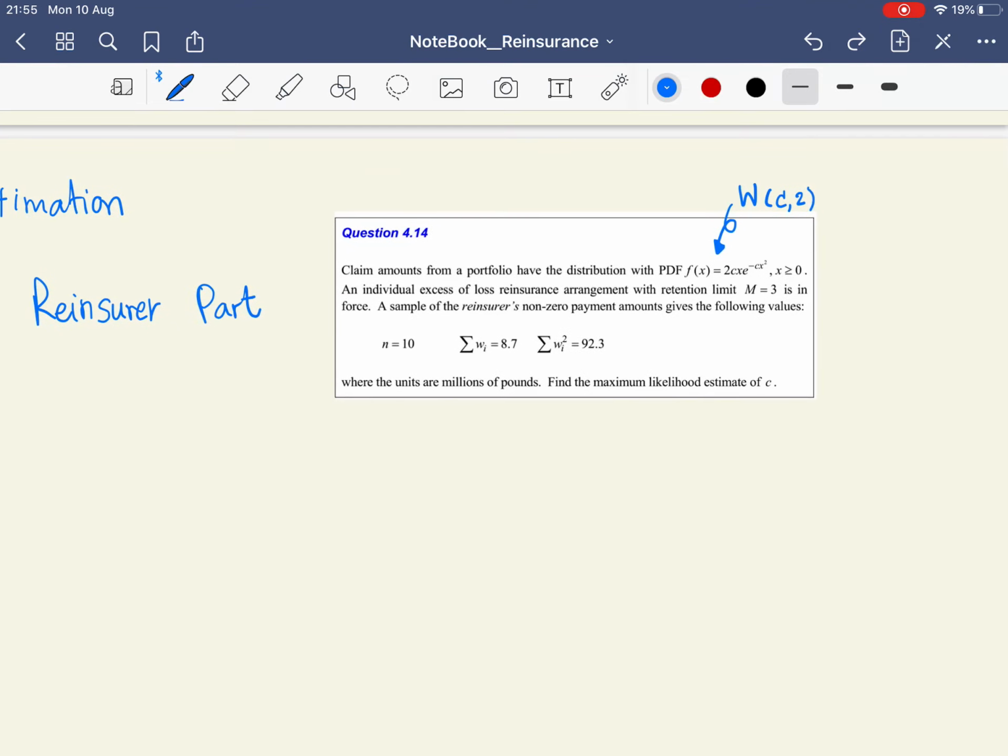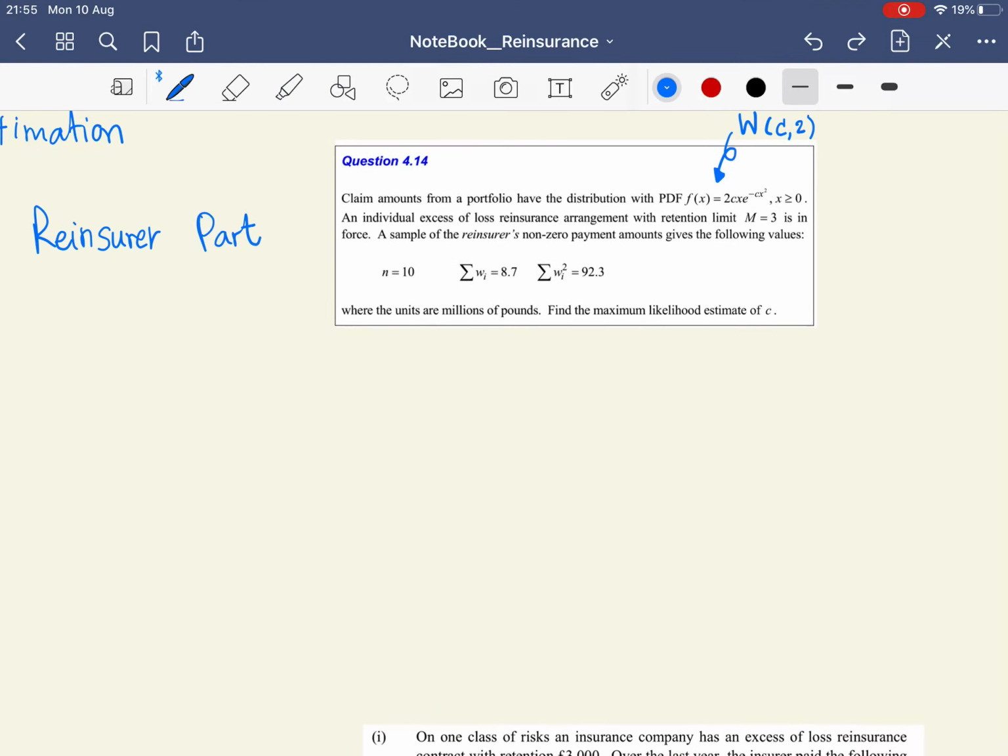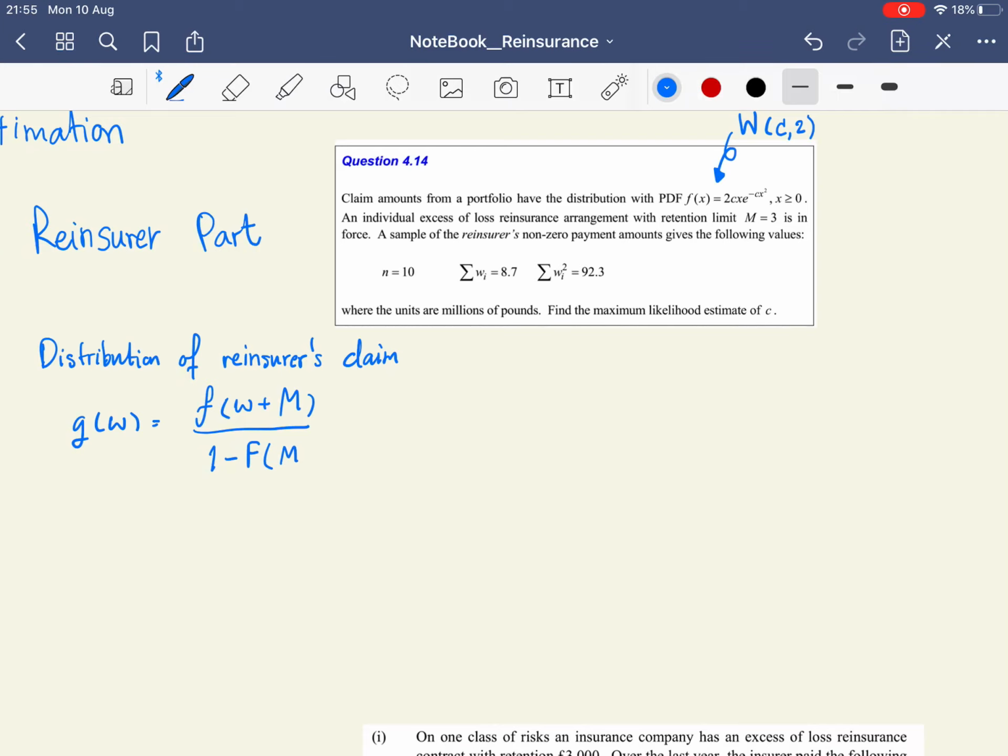That's nothing much, and it is okay if you don't recognize that this is a variable. I will explain why. From the first part, we have the distribution of the reinsurer's claim as follows: g of W is going to be f, the original one, of W plus the retention limit, over the probability that the claim goes beyond the retention limit.